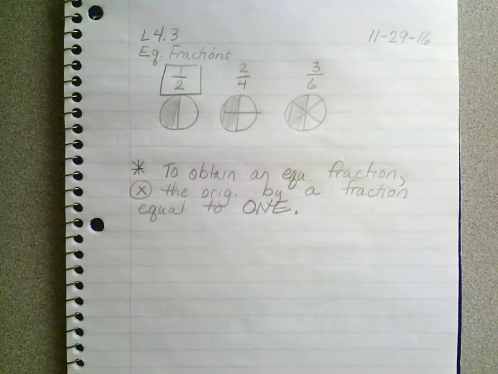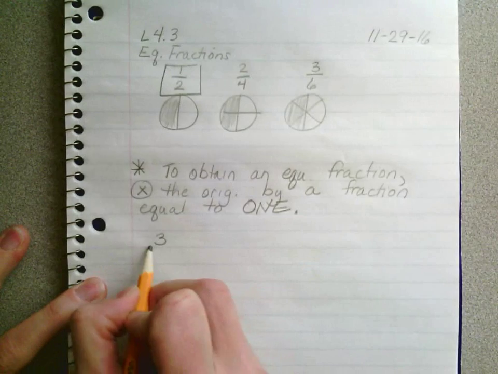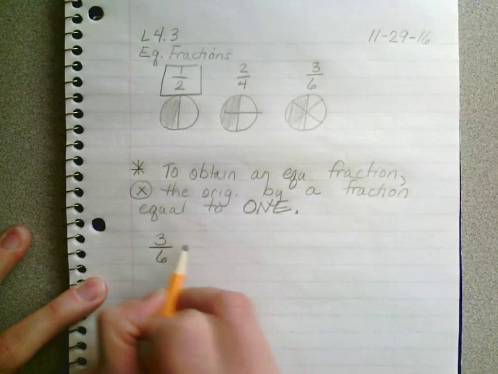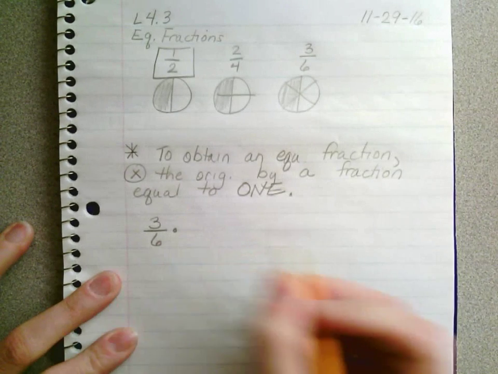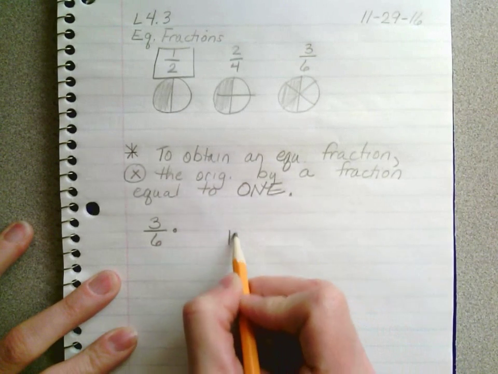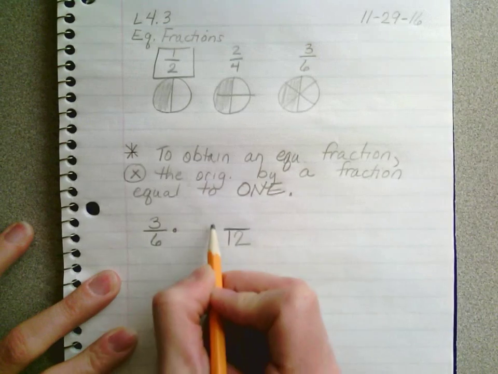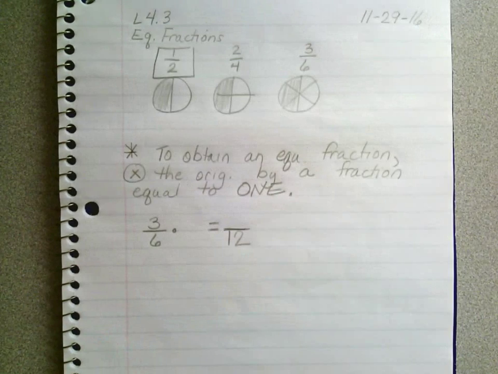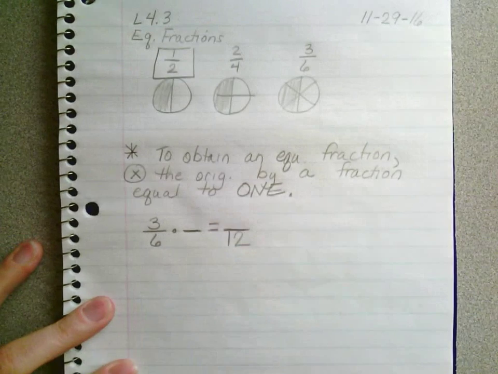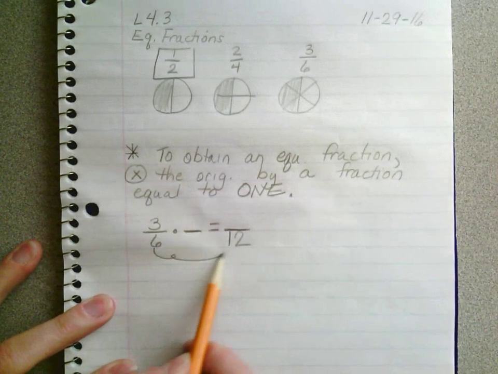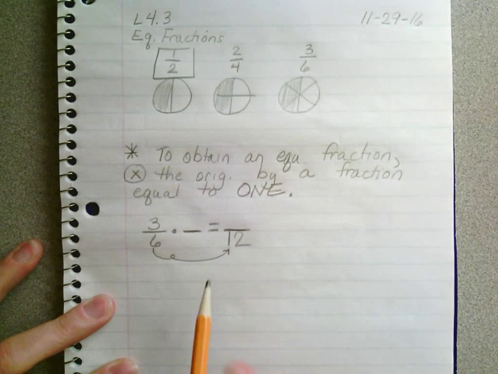So let's take, for example, 3/6. And let's say I want to rename it something that has a denominator of 12. I realize most of you can figure in your mind what you got to do. But what must I multiply 3/6 by in order to change this to a new thing with a 12?